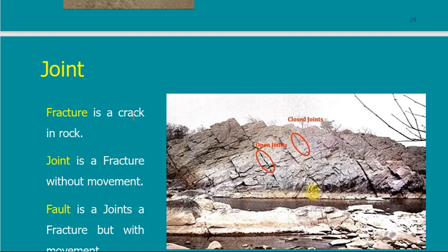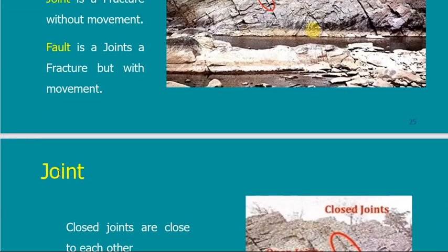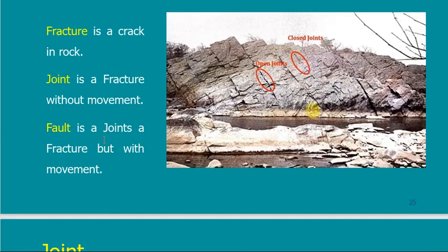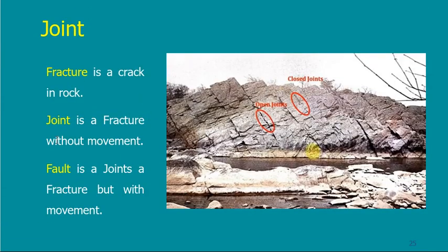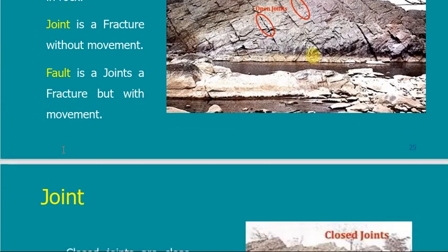With time, I will have some cracks. If these cracks, if these fractures do not move relative to each other, it's just cracked, then it is a joint. But if it moves, then it is a fault. By the way, all of these are important expressions that you have to know.